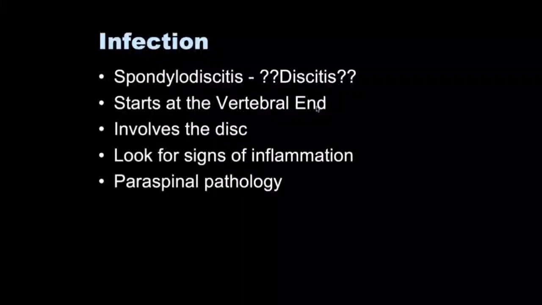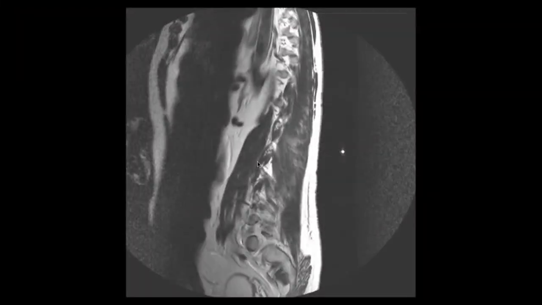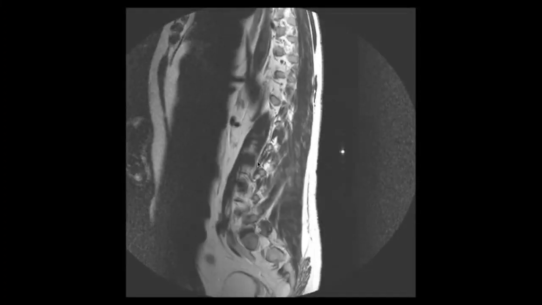The other thing that has to be borne in mind is it could be post-procedural as well, so post-spinal intervention can lead to spondylodiscitis. It starts off at the end plate, then involves the disc. So look for the signs of inflammation, and again the paraspinal pathology, as to whether there is a focal fluid collection that needs to be decompressed or something which is causing cord or cauda equina compression.